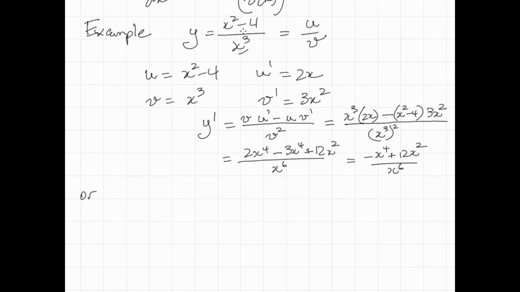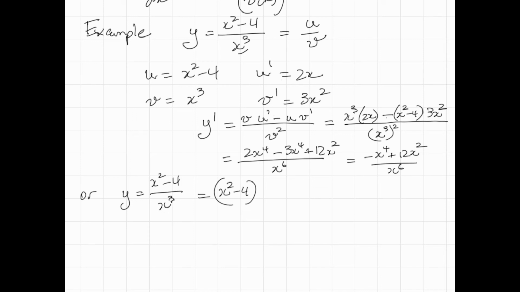Or we could convert this into a product. So if you've got y equals x squared minus 4, just go back to the original question, over x to the 3, we can make that into a product. It's simply this. Now we'll bring that upstairs, and when we bring it upstairs we change the sign of the power.